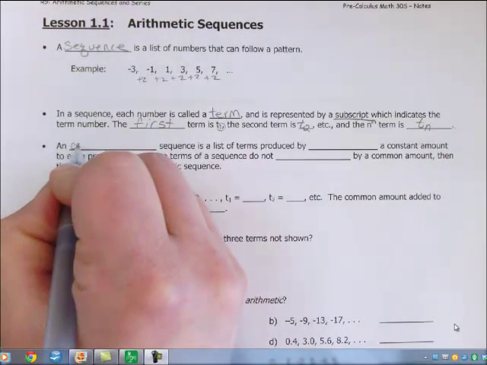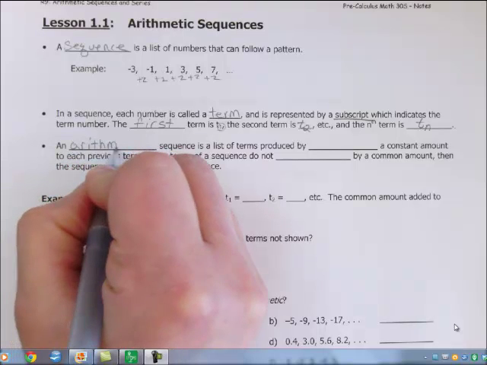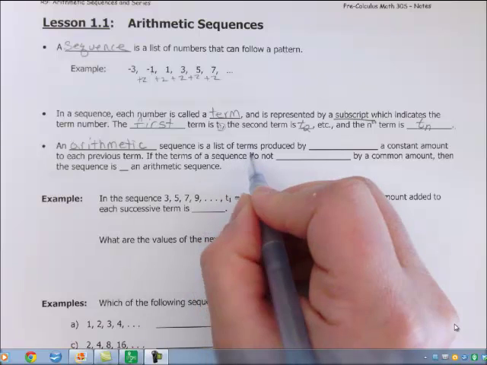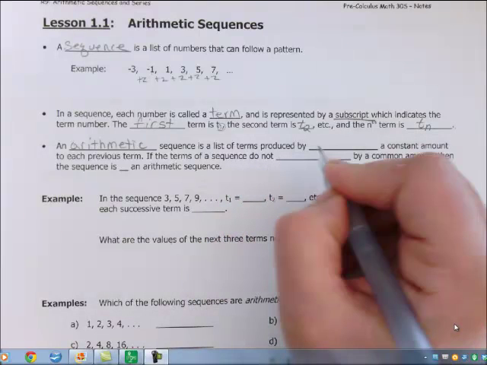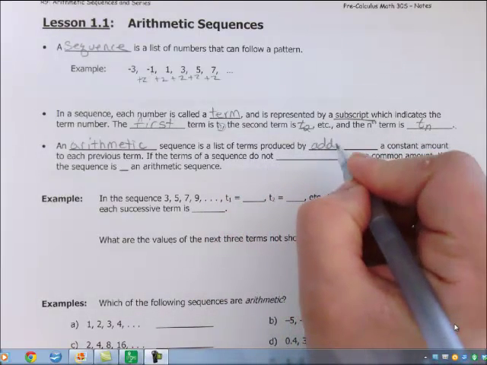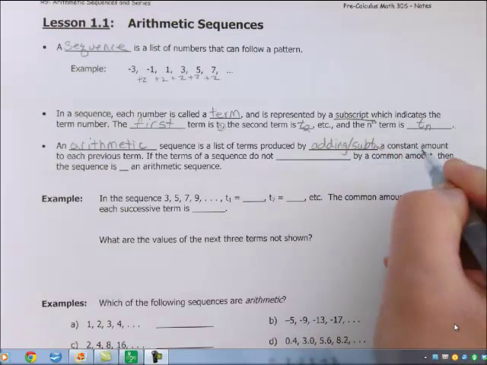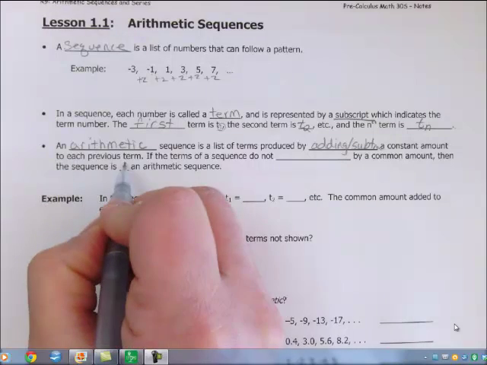An arithmetic sequence is a list of terms produced by adding or subtracting a constant amount to each previous term.